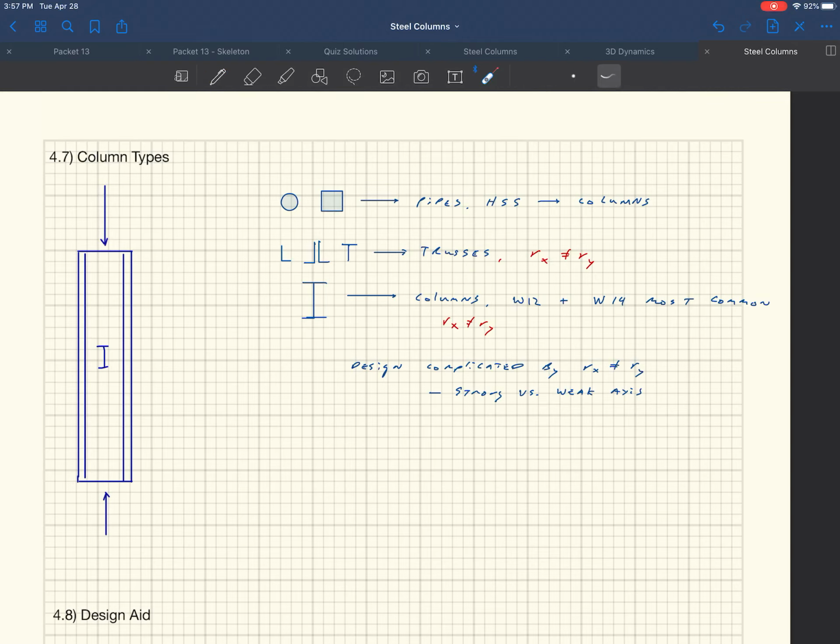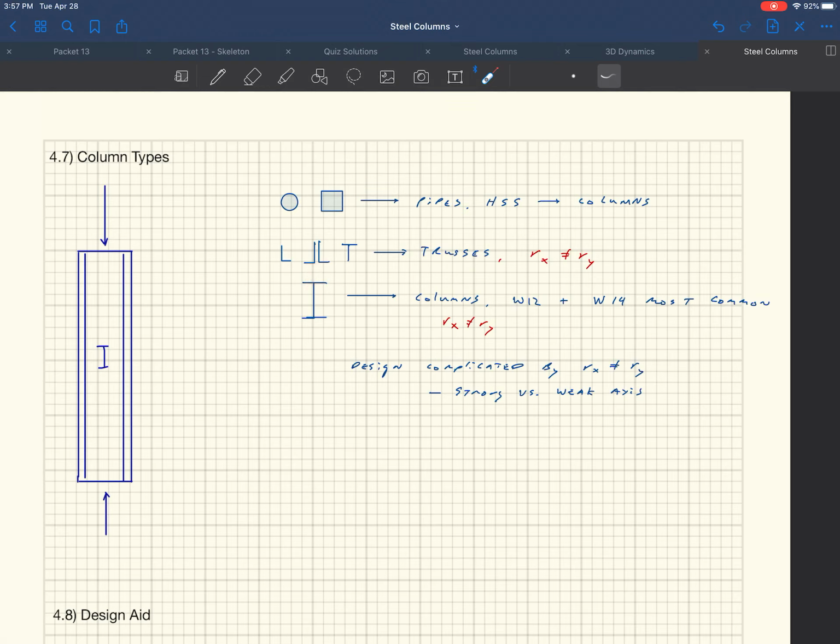If you're doing a design where you have a strong and weak axis, it gets more complicated, okay? Because you could have different span lengths for the different directions, okay? In these particular cases, obviously you're going to have a strong and weak axis in bending, right? And same thing with these guys. Harder to bend it around this axis, right? Easier to bend it about this axis, okay?